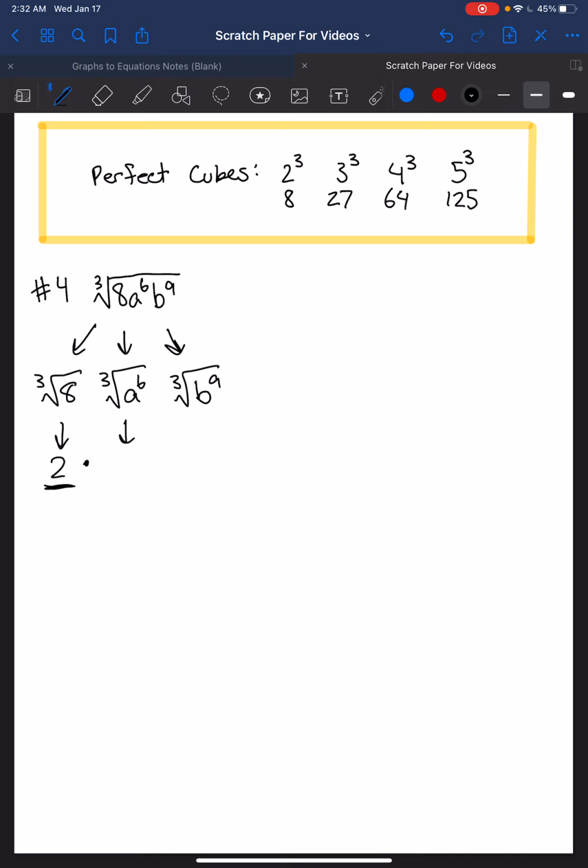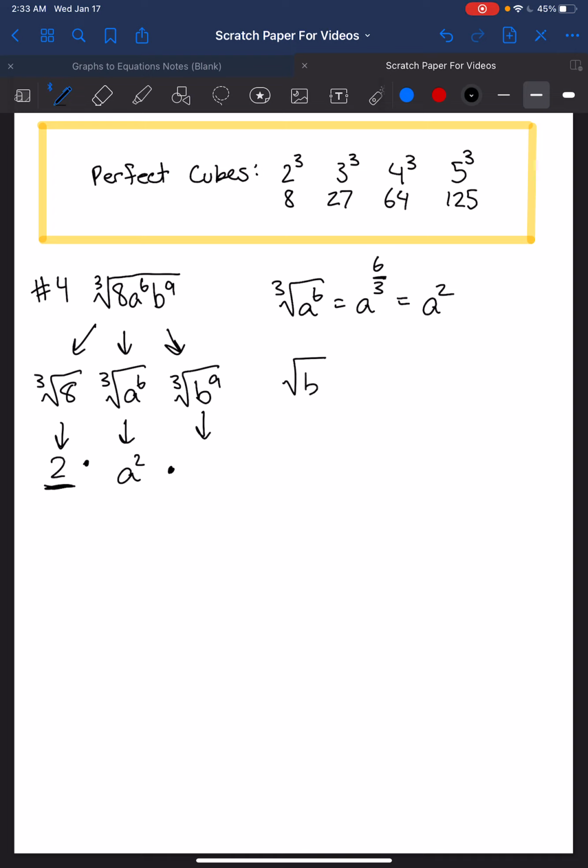It gives you 2. And then we'll figure out what a and b are. Rewrite it with a fractional exponent. In over out. In is 6, out is 3. 6 over 3 is 2. So that's a squared.